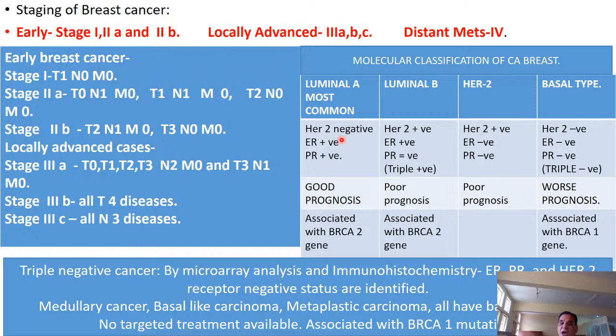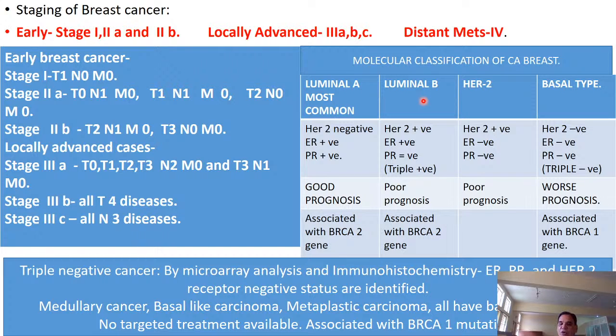What is here? ER positive, PR positive, HER2 negative. ER means estrogen receptor, PR means progesterone receptor. They are positive, but HER2 is negative. Good prognosis, and these are all associated with BRCA2 genes. BRCA2 is better than the BRCA1 gene.